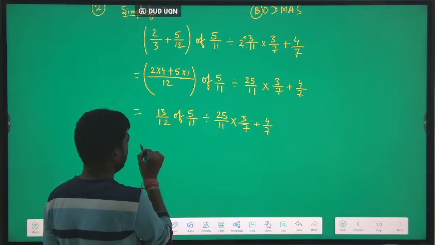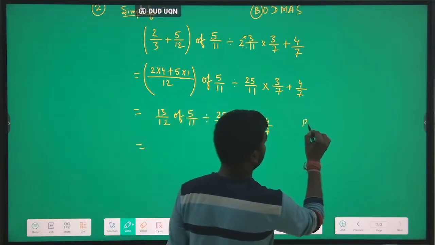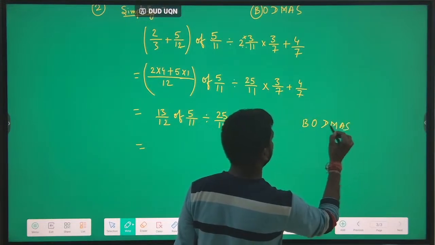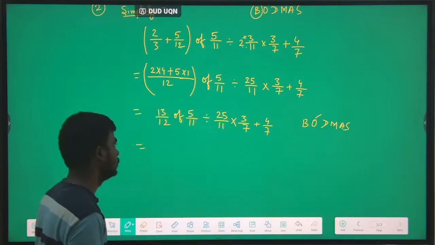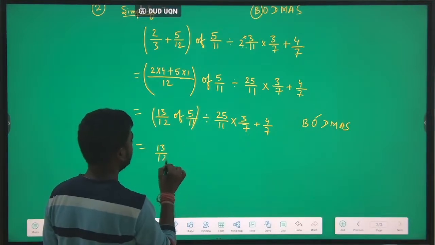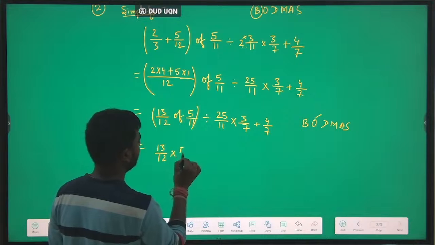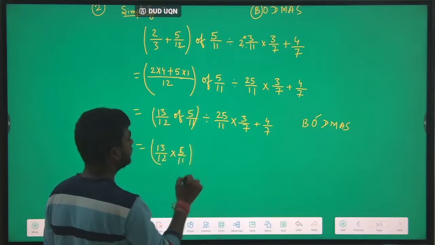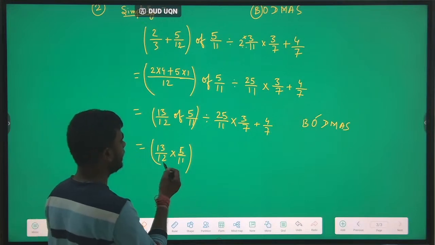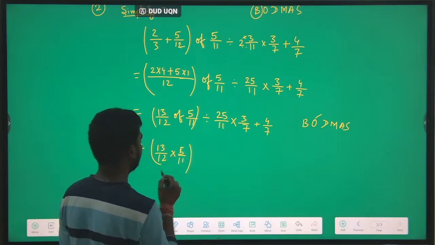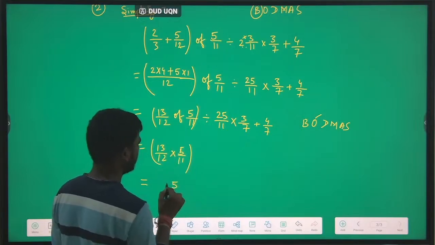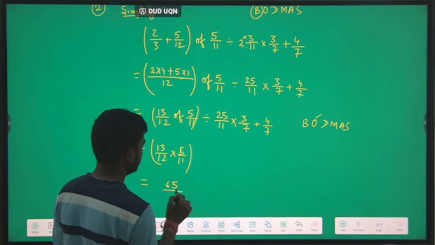Now in BODMAS, after B there comes O, so we will solve 'of' first. We have to solve these two. So 13/12 will be multiplied with 5/11, since 'of' means multiplication here. What will we get? 13 into 5: 5 threes are 15, 5 ones are 5, 1 and 6, so 65.